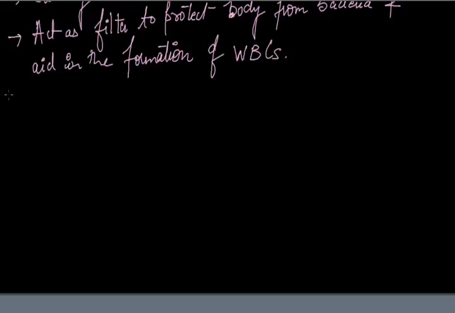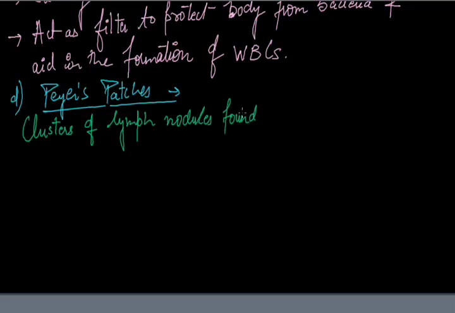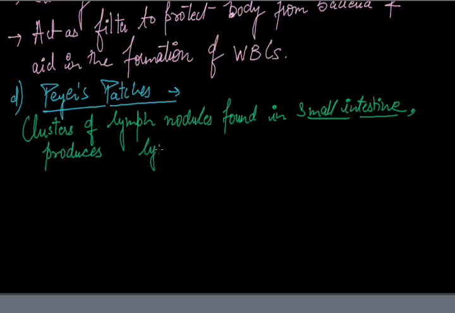Next organ is Peyer's patches. Peyer's patches are clusters of lymph nodules found in the small intestine. This is an important point. The site is the small intestine and they produce lymphocytes, which will defend against the foreign body.